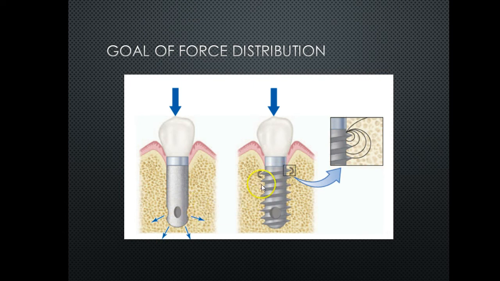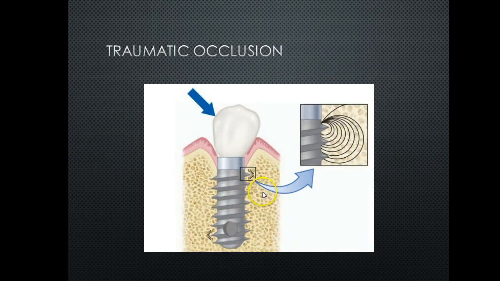When we have implants that do not have threads, so they're more cylindrical, because of the shape of the implant, the force is distributed right at the apex. But with these new types of implants that are heavily threaded, most of the occlusal force is actually distributed right at the apex of these threads. So again, the type of implant also dictates what kind of occlusal forces there are and how they're distributed throughout the implant.